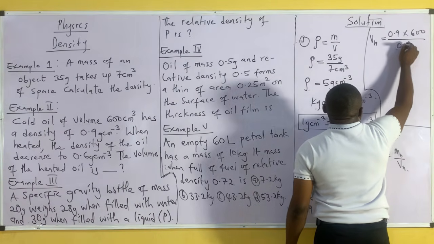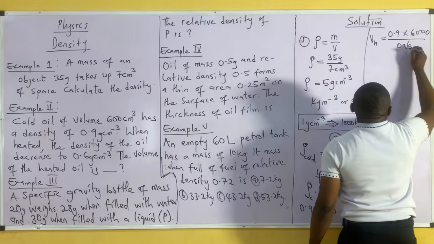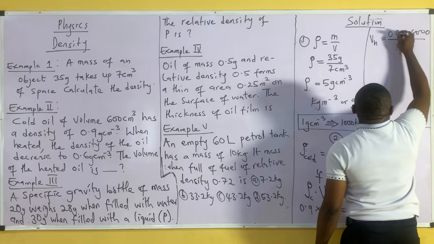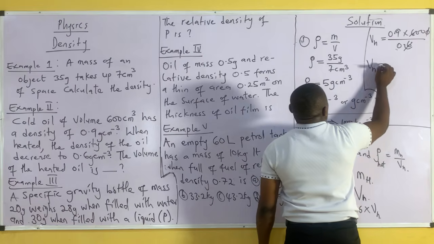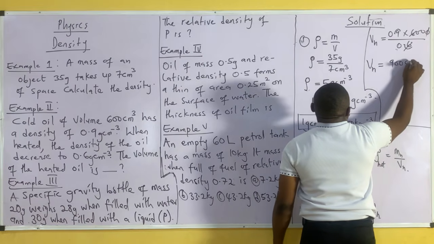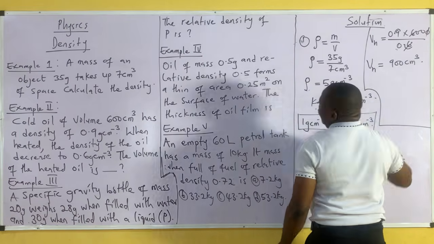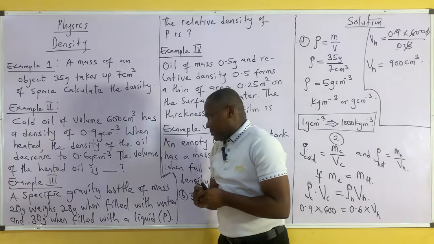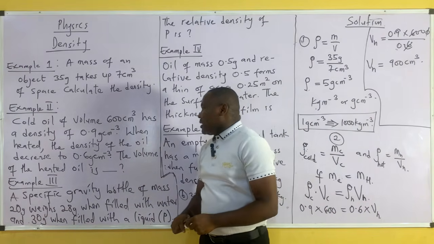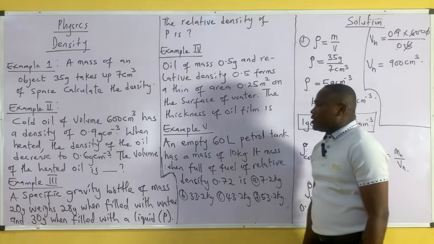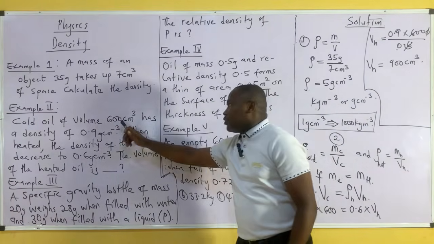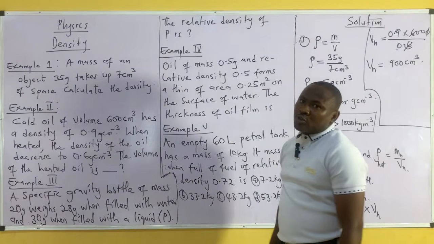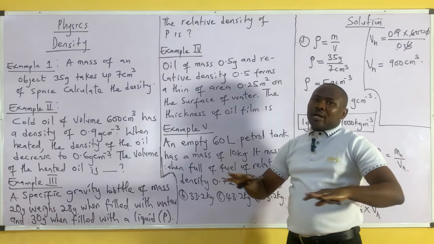Now, if you take this, cancel out this, then take this, cancel out this, the volume of the hot oil is equal to 900 cm cube. That becomes the answer to this. The answer is 900 cm3. So you see that the volume of the hot oil is greater than the volume of the cold oil. Why? Because on heating, it has occupied more space.